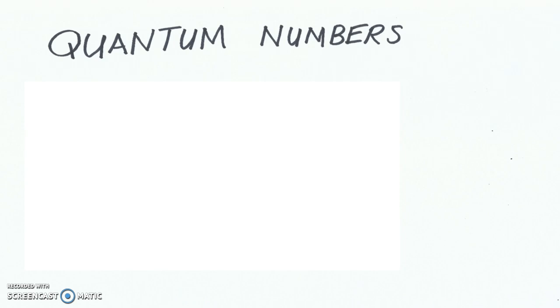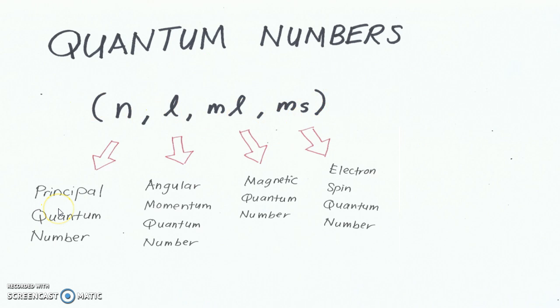Today we will discuss quantum numbers. First of all, in quantum mechanics, there are 4 quantum numbers that are required to describe the distribution of electrons. They can be written as n, l, ml, and ms. So let's see what is the meaning of all these terms. n is the principal quantum number, l is the angular momentum quantum number, ml is the magnetic quantum number, and the last one is ms, the electron spin quantum number.